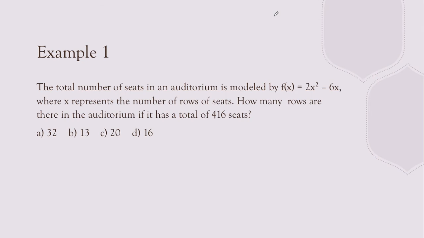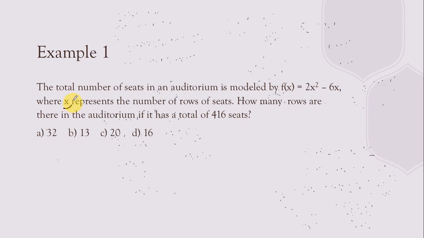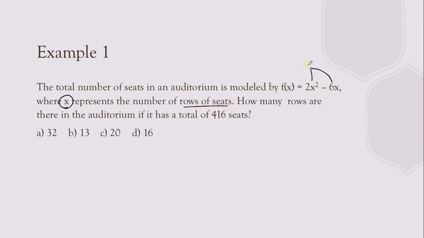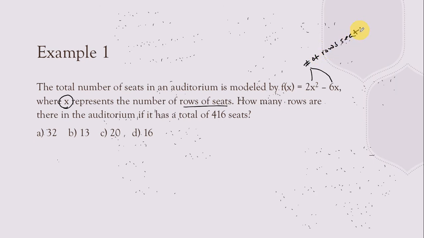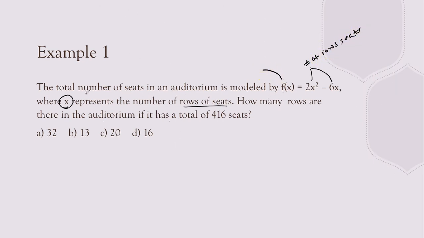We're going to do these all by hand, all of them by hand. The total number of seats in an auditorium is modeled by f of x equals 2x squared minus 6x, where x represents the number of rows of seats, and y represents the total number of seats.